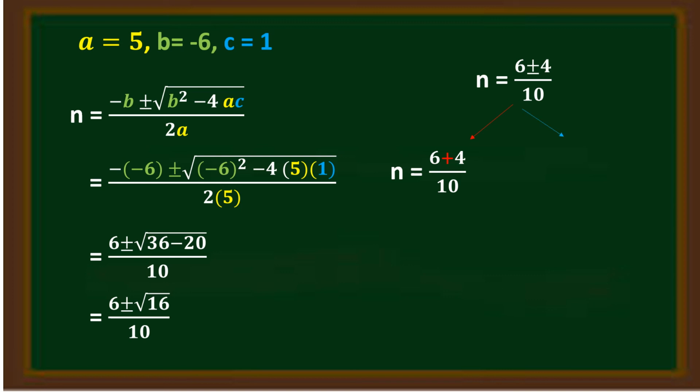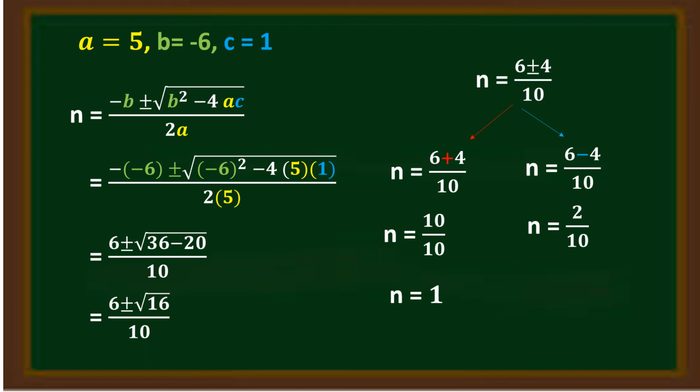For the next one, we have 6 minus 4 all over 10. For the first value of n, we have 6 plus 4, which is equal to 10. And 10 over 10 is equal to 1. So the first value of n is 1. For the second value of n, we can see in here 6 minus 4, which is equal to 2.